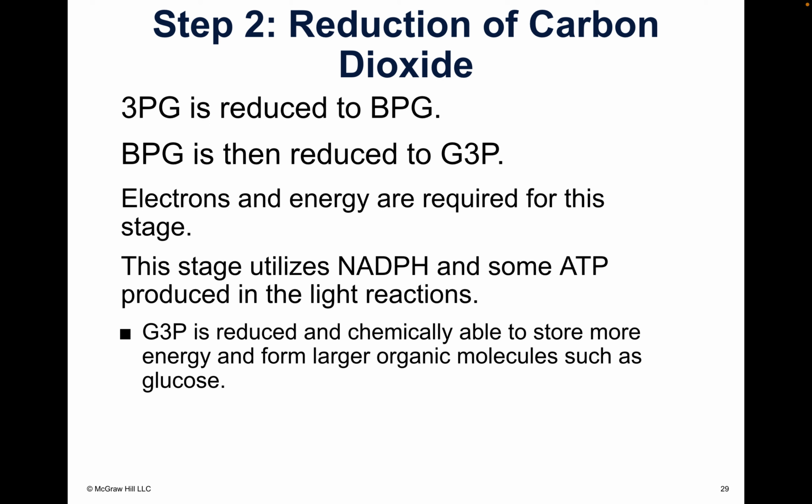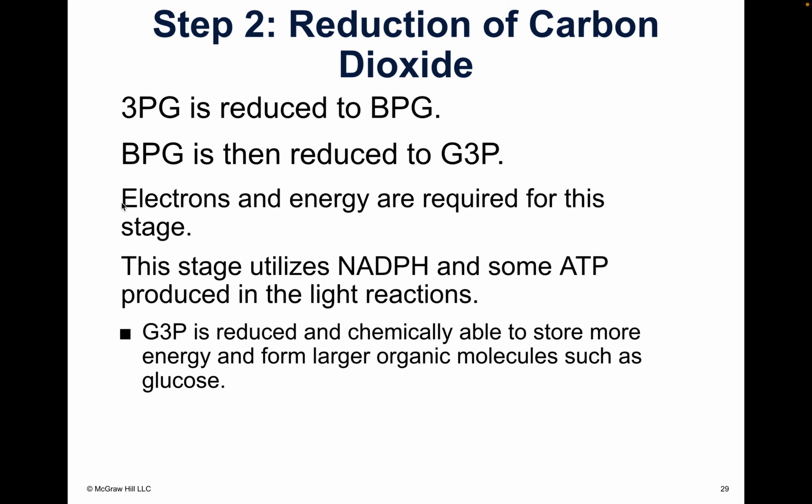You know, start by writing step 1, CO2 attached to 5 carbon RuBP. Step 2, 6 carbon molecule. Step 3, 2 3 carbon molecules. Step 4, 3 carbon molecule. Step 5, BPG. Step 6, G3P. So that's an example.